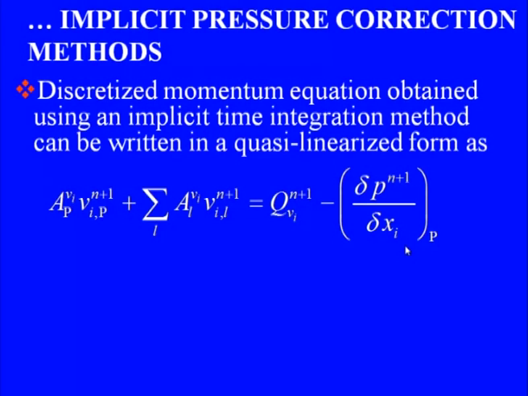That nonlinear momentum equation can be written in a quasi-linear form as a_P^i v_{i,P}^{n+1} + sum over L of a_L^i v_{i,L}^{n+1} = Q_i^{n+1} - delta P^{n+1} / delta x_i, where this delta by delta x_i represents the discretization for the pressure term.